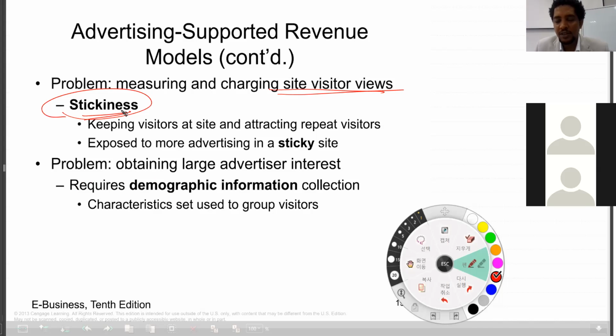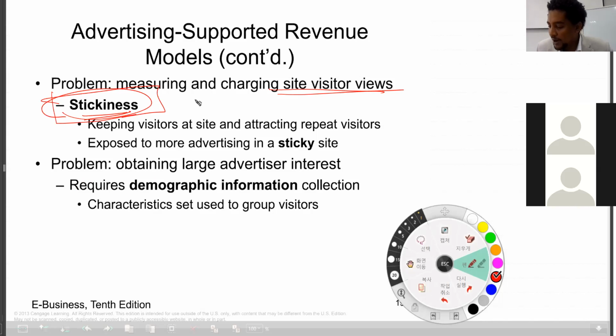Okay, so you have to try your best as a web business to attract these customers or to make these customers come again and view your website. Unless you do that, it's very difficult to sustain in the business. So you have to find a way to stick.